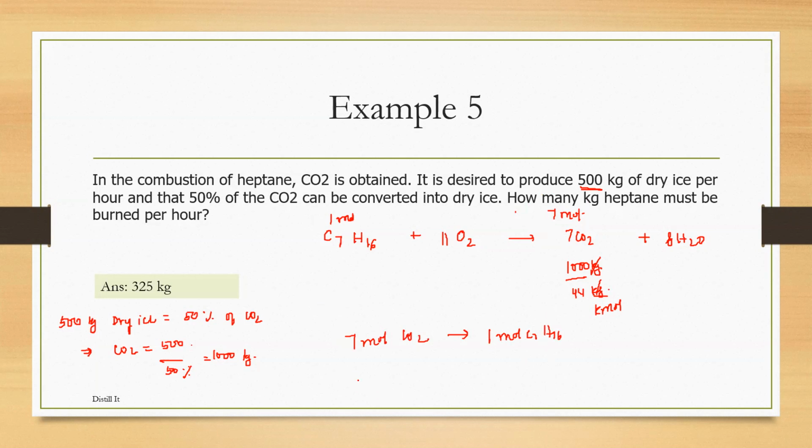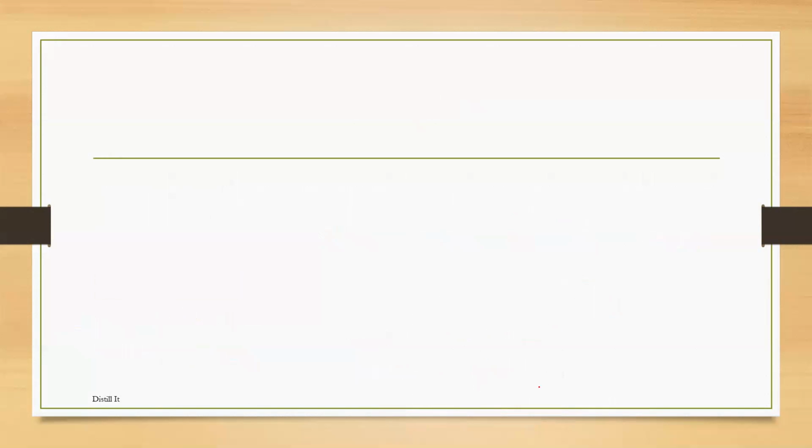Therefore, 1 mole of carbon dioxide is produced by 1 by 7 mole of heptane, right? This 1 by 7 mole of heptane is there for 1 mole of carbon dioxide produced. So if we have 1000 by 44 kilomole of carbon dioxide, this is produced by 1000 by 44 into 1 by 7 kilomole of heptane, right?